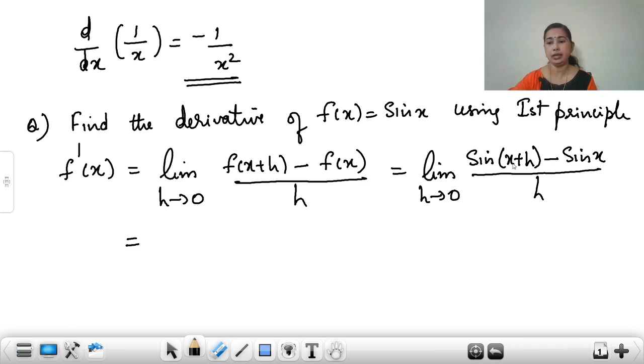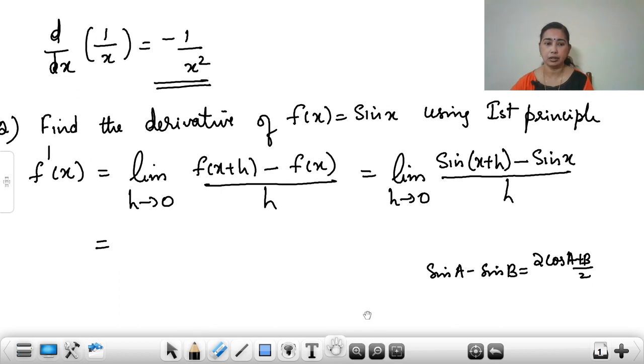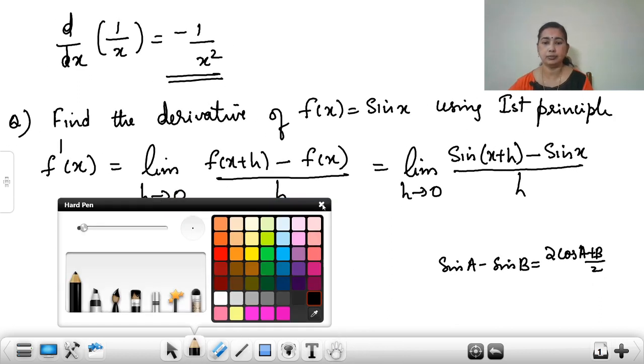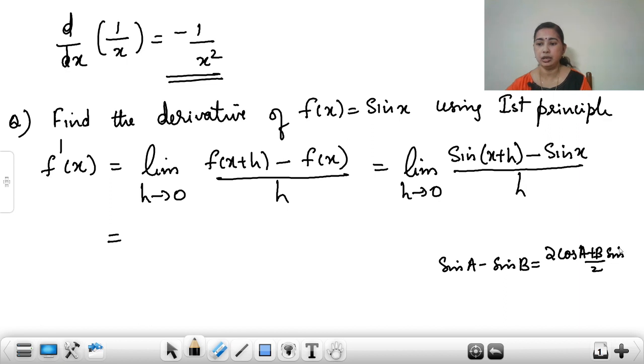Now what is sin a minus sin b? According to our trigonometric results, sin a - sin b is 2 cos((a + b)/2) into sin((a - b)/2).